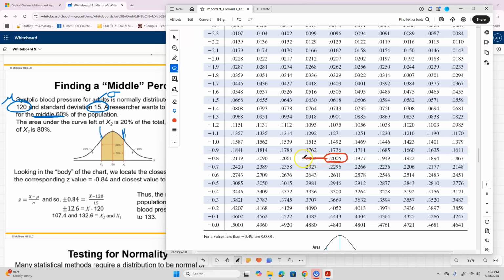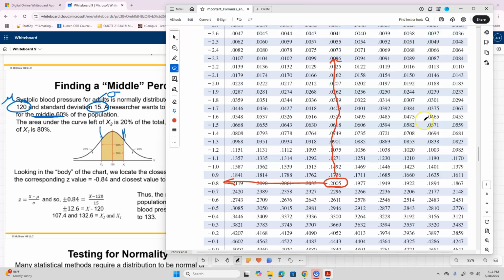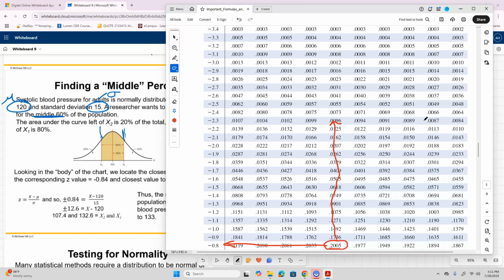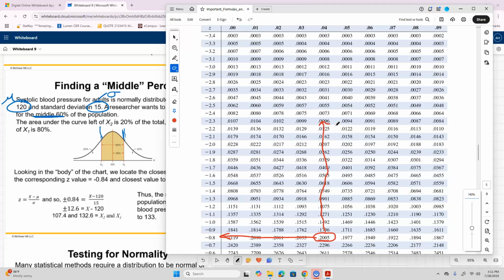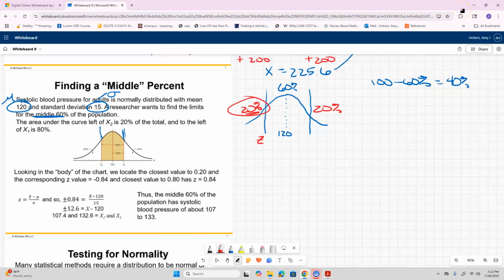So we're going to go from the 0.2005, bring that over and up. Scroll this up a little bit. Let me minimize it so we can see it all at once. There we go. Okay, so we've got negative 0.84 is our z-value for this one.